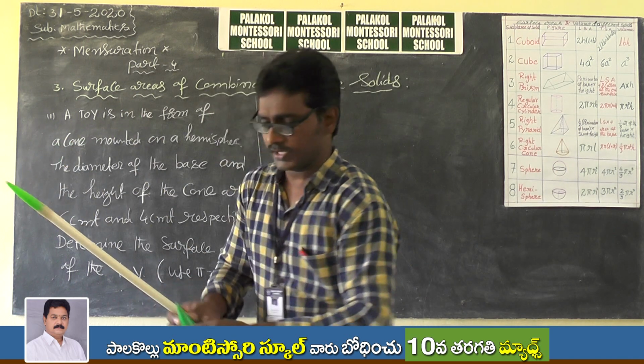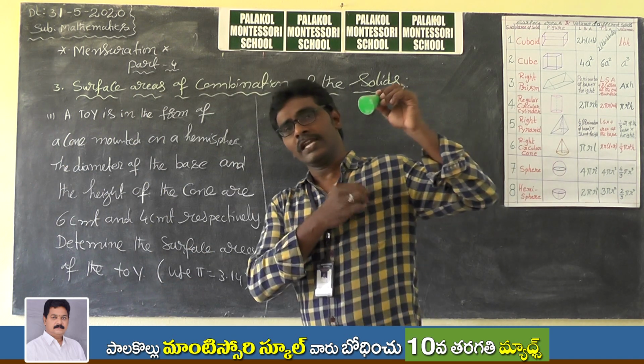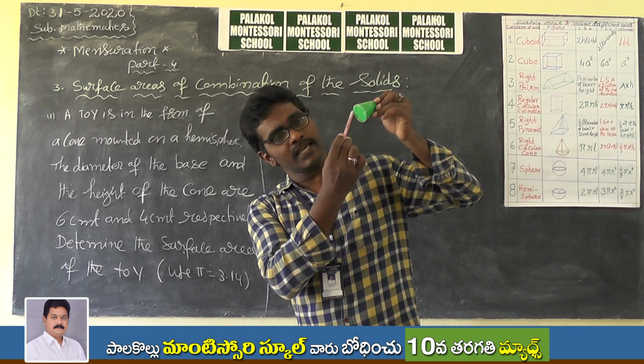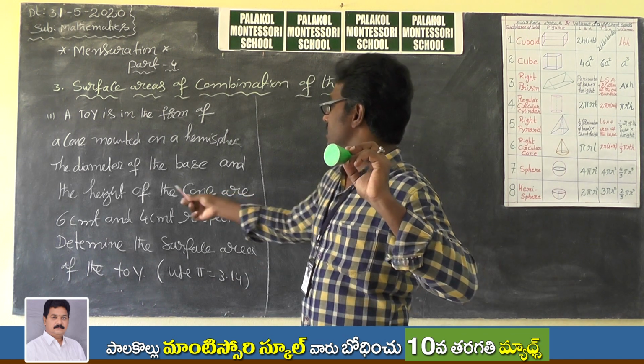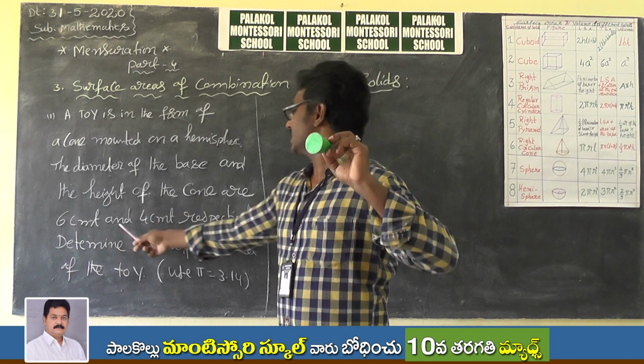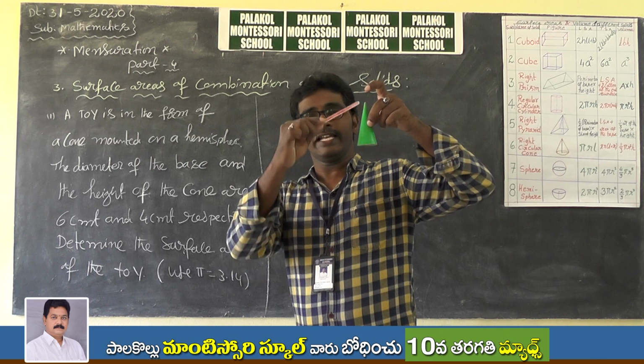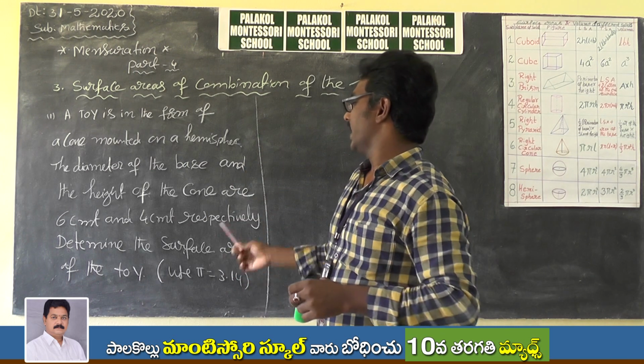What is the base of the cone? A circle. The diameter is 6 centimeters. The height is 4 centimeters.